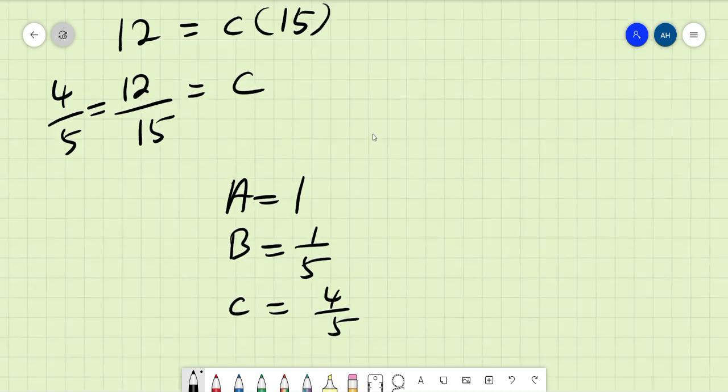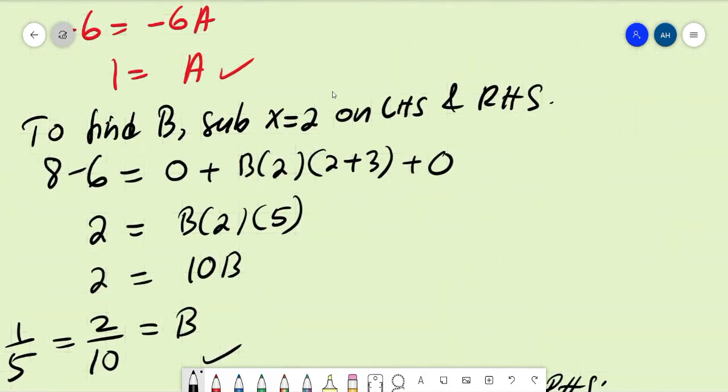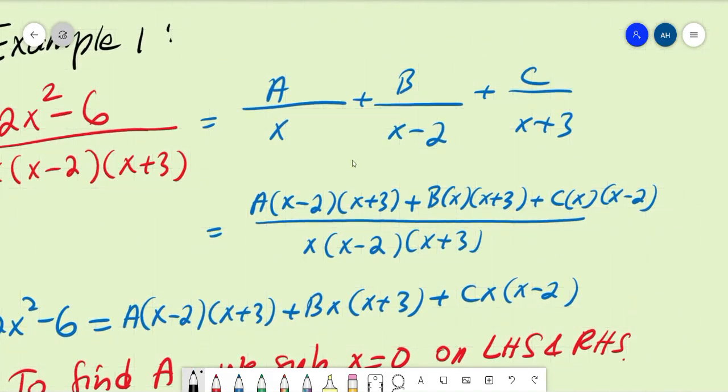Then we are going to substitute the values for a, b, and c over here.